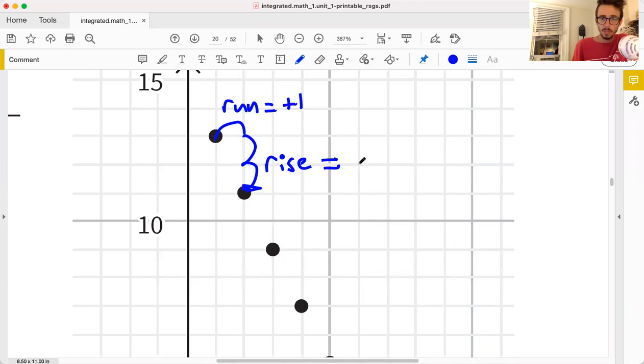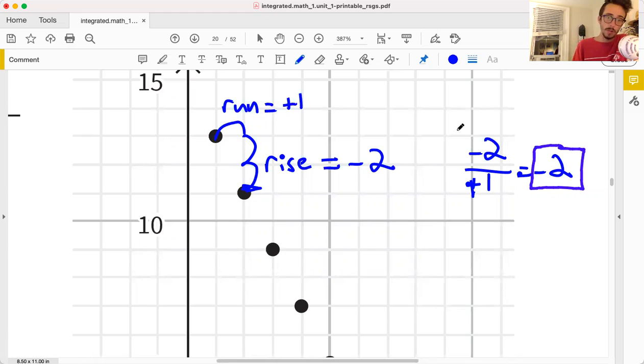You would actually want to think of this rise as -2. So how does that change anything? We still want our rise over our run. We still want to simplify it. So this could actually just be -2 as our rate of change. So be careful, if your line's going down and to the right, your total rate of change should be negative. So make sure that happens.